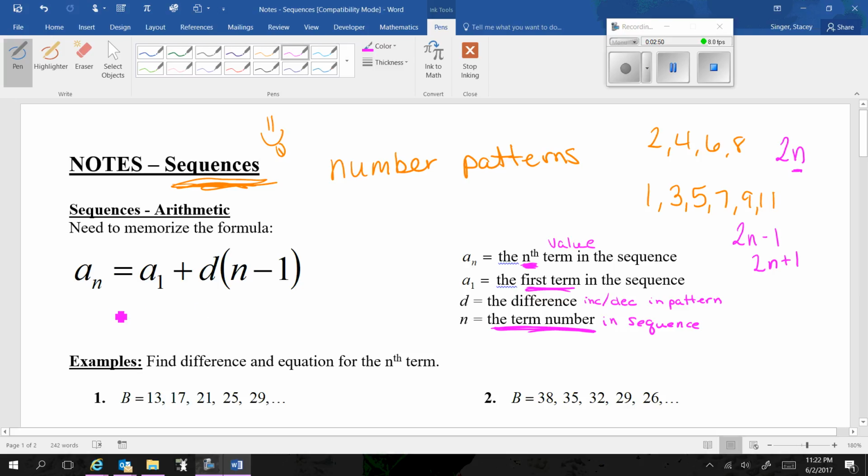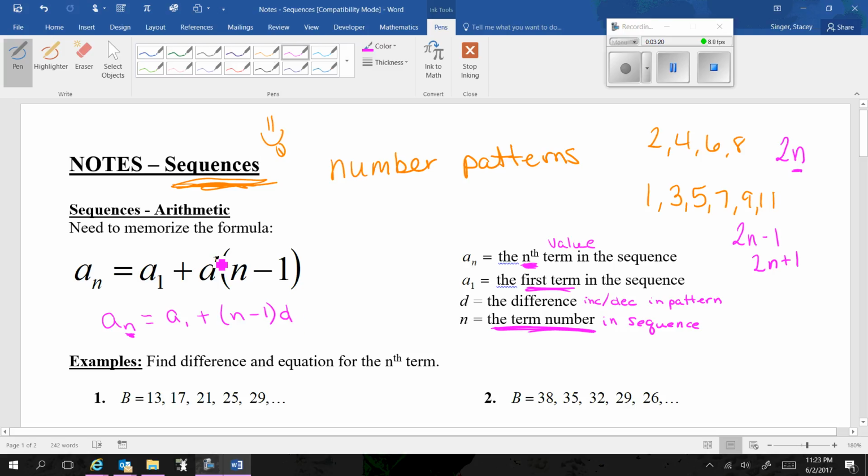This equation is actually given to you on your reference table. I have it written differently here than what's on your reference table. The only difference is a sub n is still the same, and that sub means a subscript. It's describing what that variable is, and that means the nth term in your sequence. A sub 1 is my first term, so that's what that 1 means, plus n minus 1 times your difference.